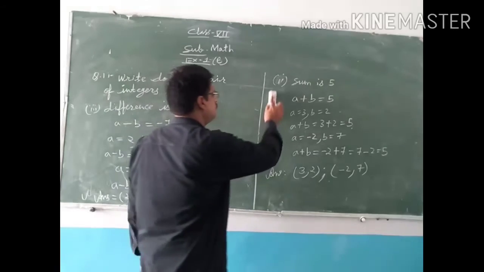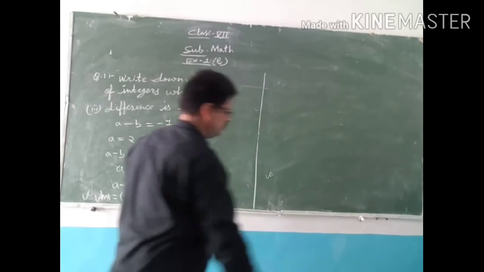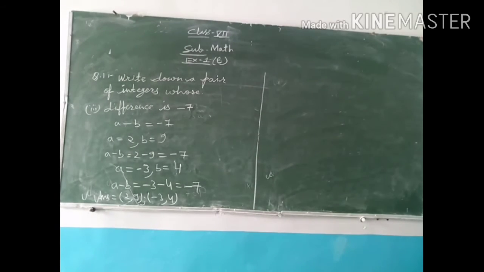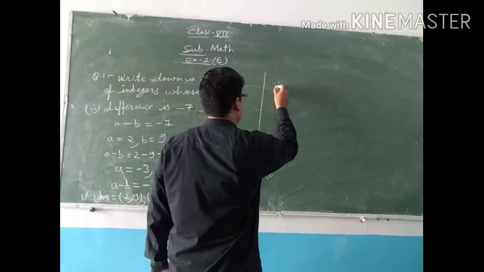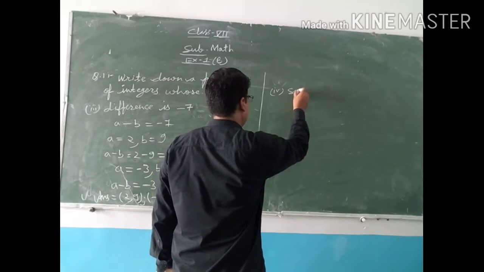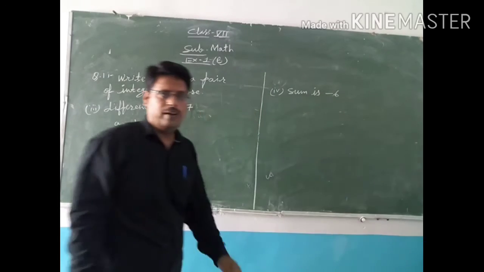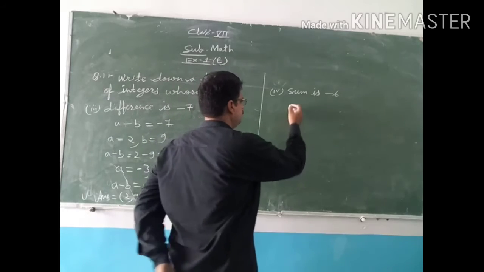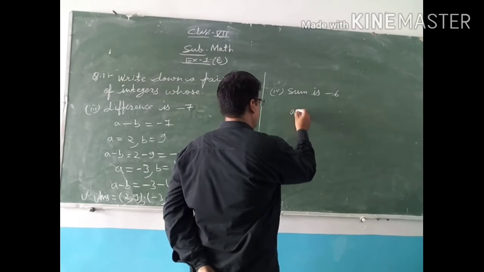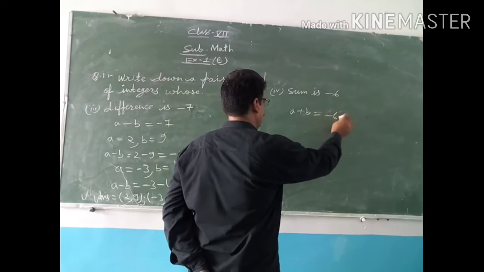Now the last part, B. Sum is minus 6. We have to find the sum minus 6. So look here, a plus b is equal to minus 6, we want.